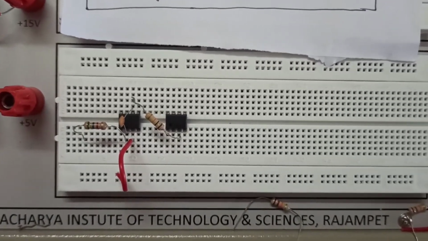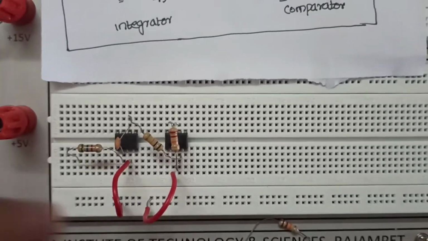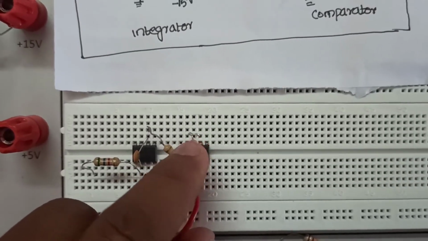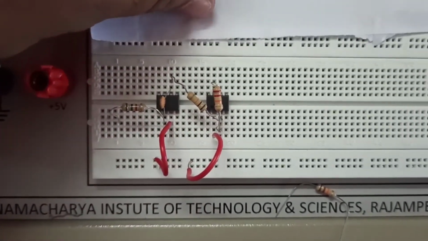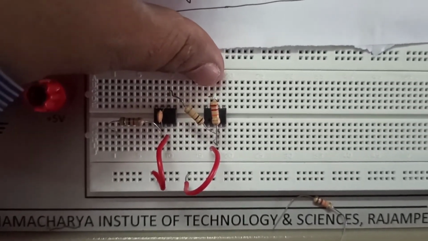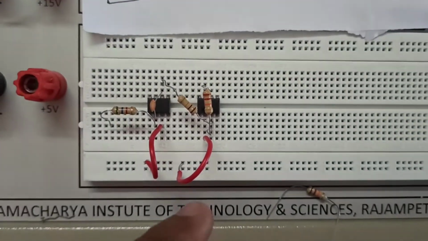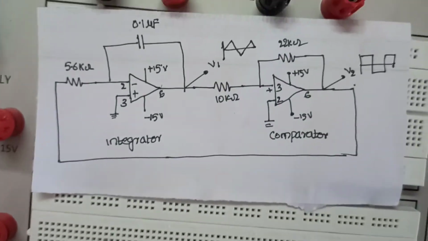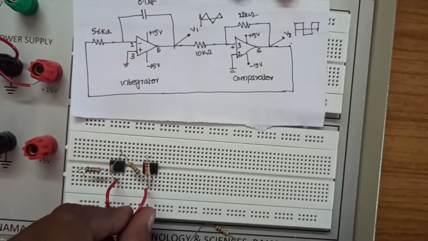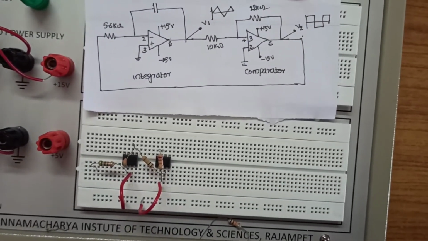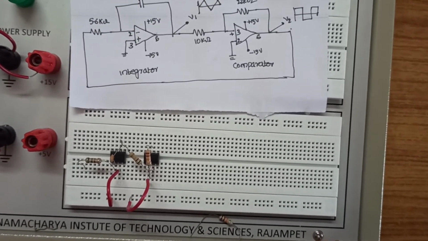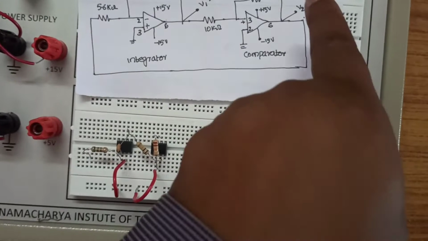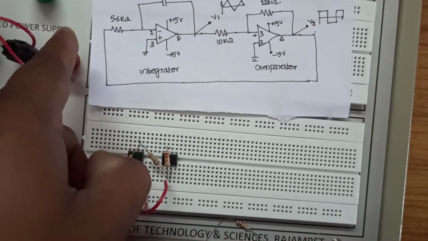Let's do the connections. Now you can see this 22 kilo ohm resistor is connected between pin 3 of the second stage op amp and pin 6, the output of the op amp, and pin 2 is grounded as per the circuit diagram. What we are left with is the feedback connection from the second stage op amp to the first stage 5.6 kilo ohm resistor.